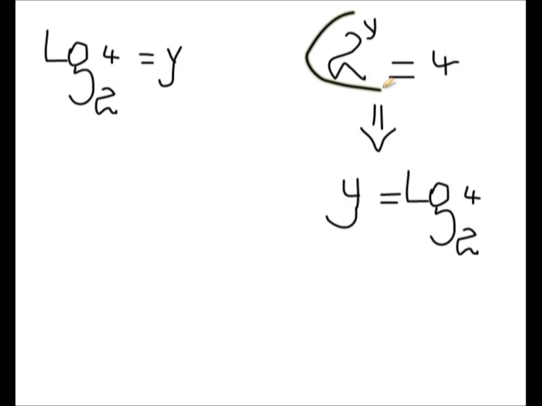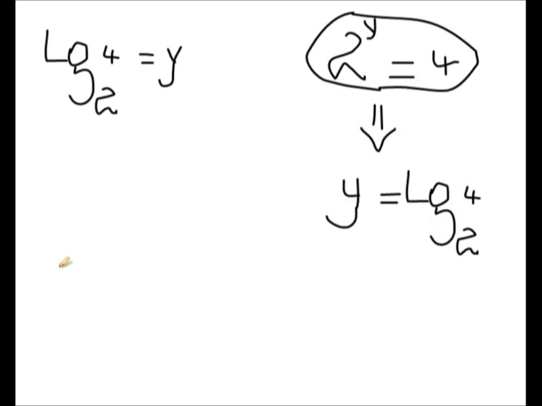When I see 2 to the power of y equals 4, I can write it as y equals log base 2 of 4. So I'm trying to figure out what power I need to raise the base 2 to in order to get the value, which is 4. So if you see this, you can write it like that.